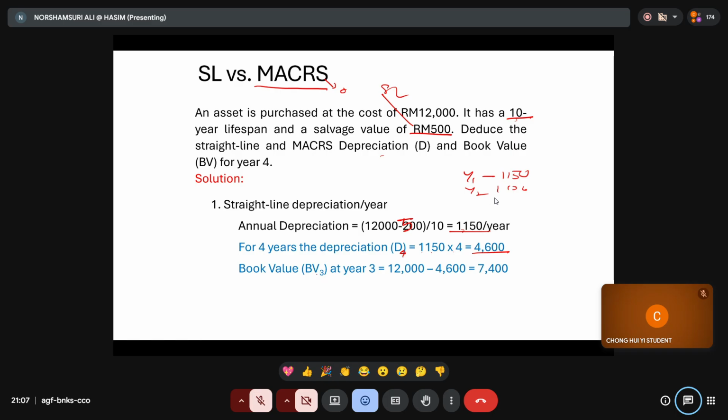So for the book value of year 4, it should be 12,000 minus 4,600, so it becomes 7,400. So this is the straight line method.